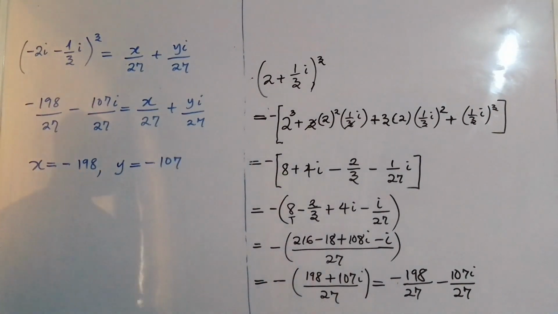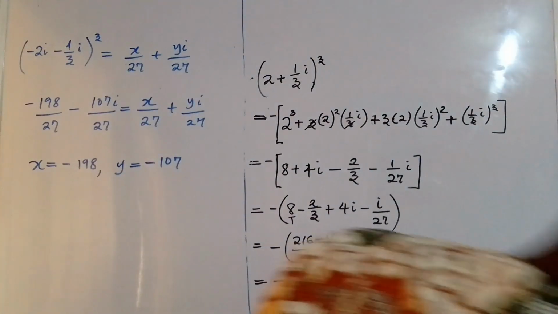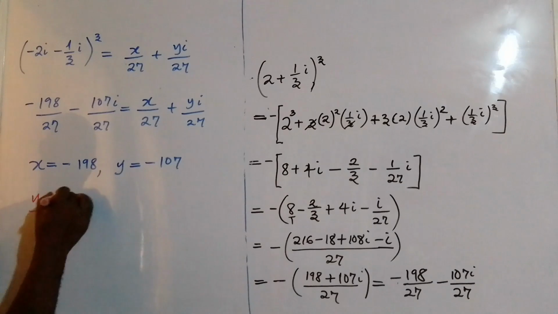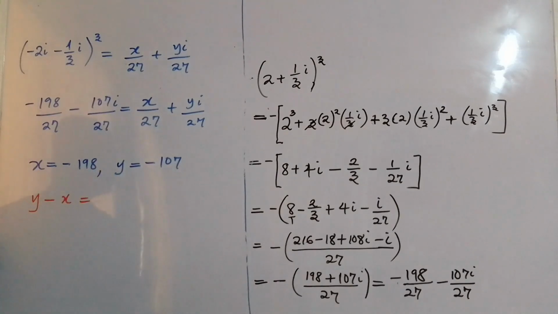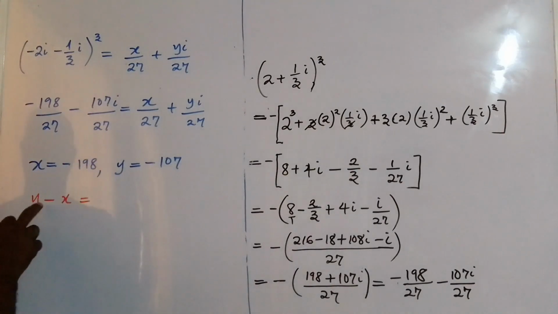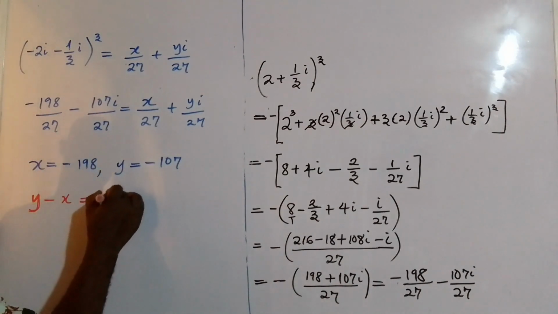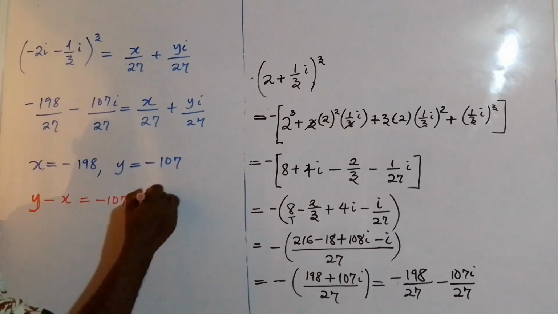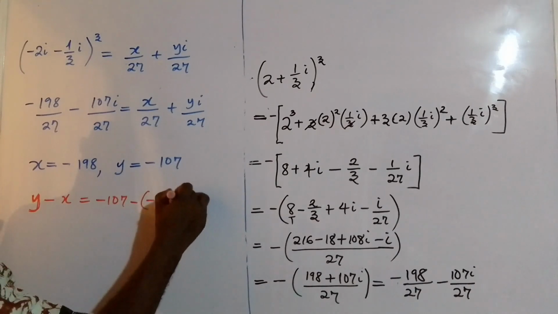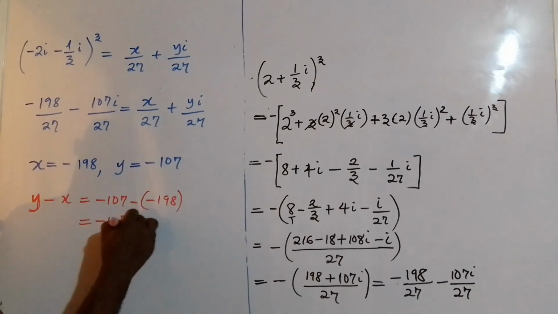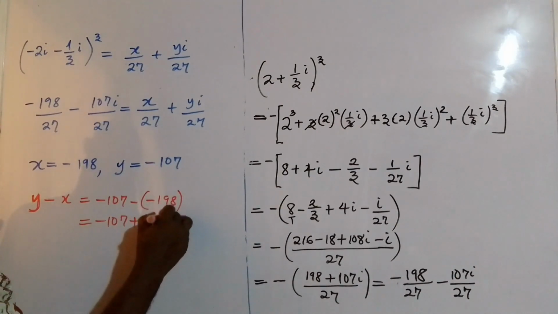So from here, we can go ahead now and simplify y minus x. So y is minus 107, minus the minus 198, which is now the same thing as minus 107 plus 198.